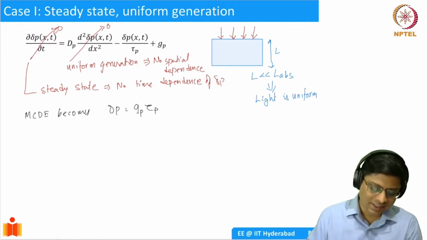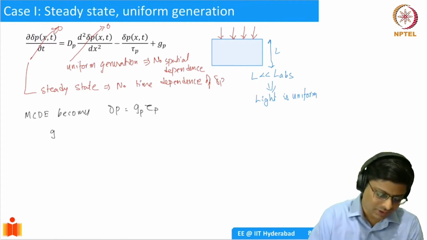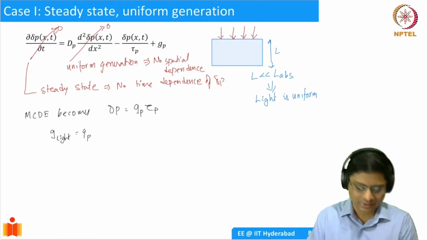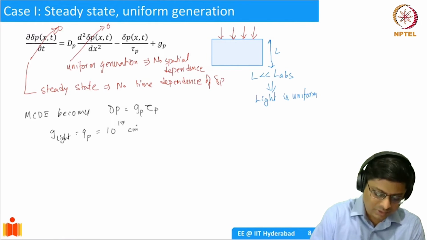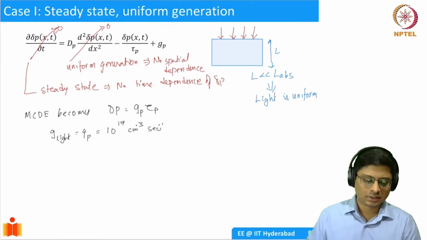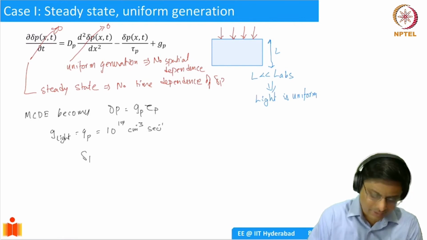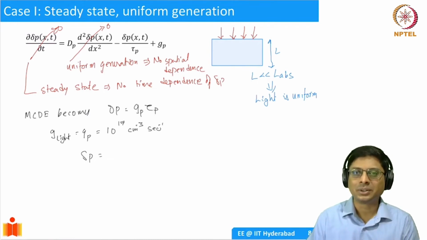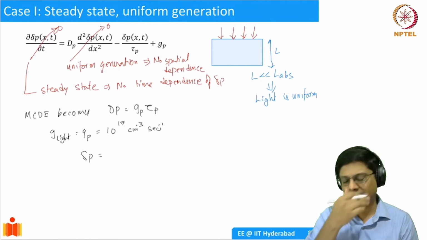Let's say I'm having light. The generation rate of light generated electron hole pairs, G light, is equal to G_P, the rate at which holes are generated, let's say 10 power 17 per centimeter cube per second. This is the rate at which I'm generating. So what is the minority carrier density? Delta P is going to be what? You might think that it is 10 power 17, but no, there is a recombination process which is going to result in a steady state.